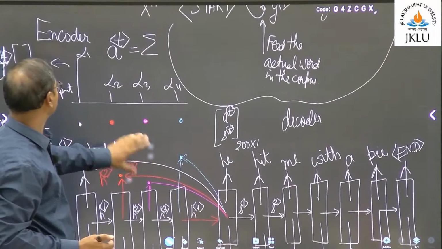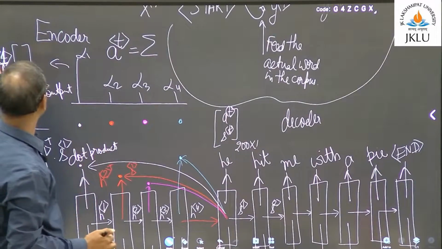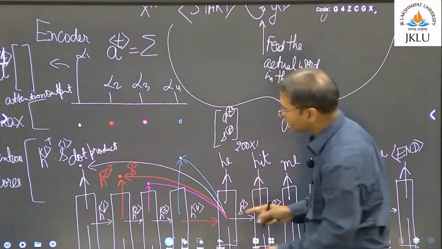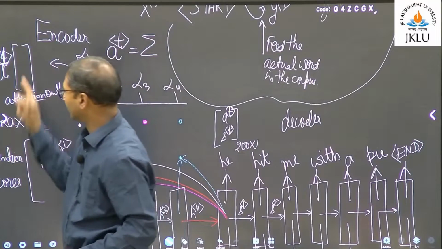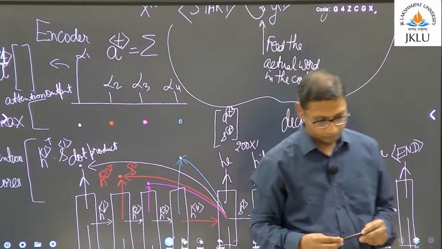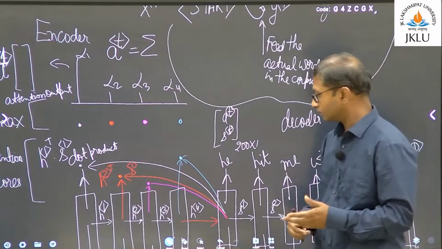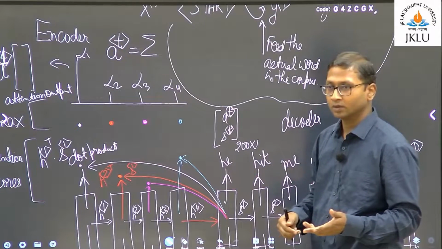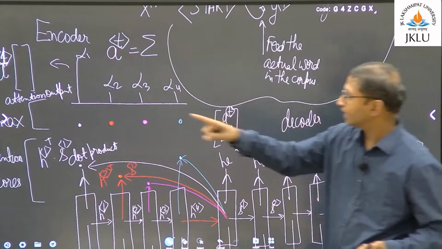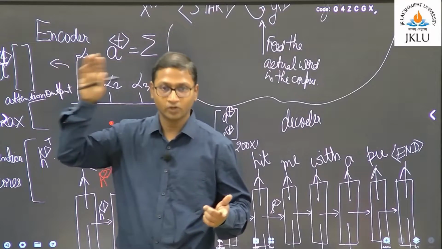Alright, so we have computed the attention scores, this A1. For S1, whatever we computed using S1 is called A1. What are the dimensions of A1? 400 cross 1?